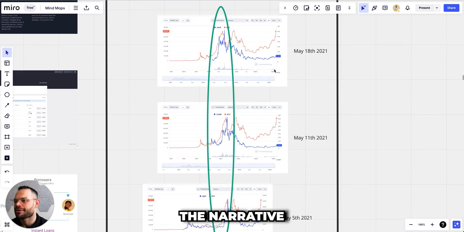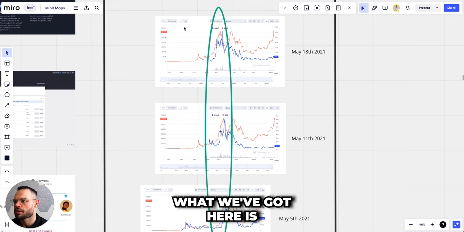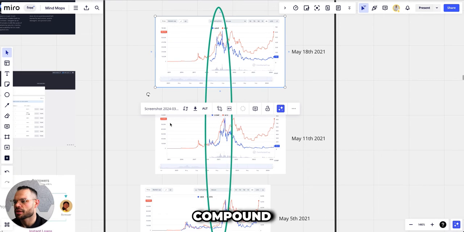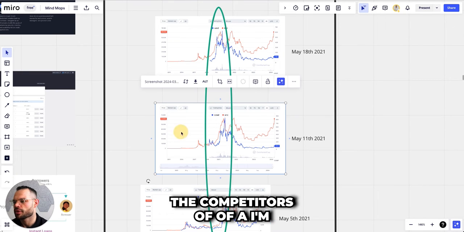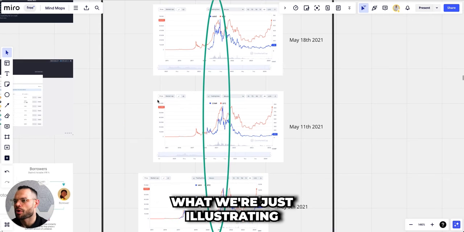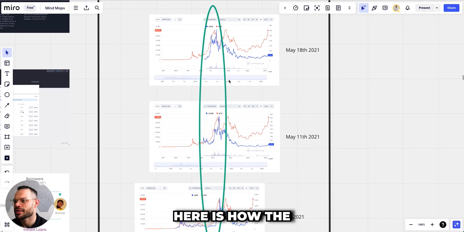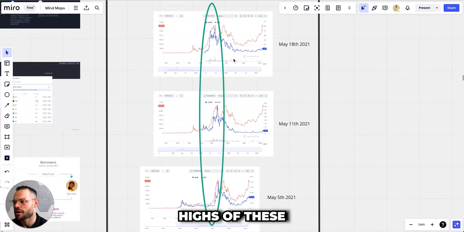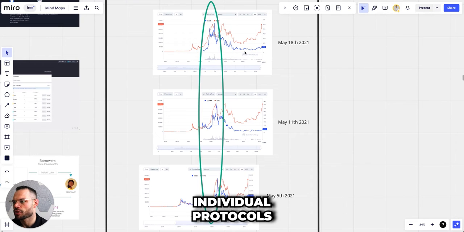When we break down the narrative of lending protocols, we've got Aave, we've got Compound, and we've got Maker, which are two of the competitors of Aave. And what we're just illustrating here is how the all-time highs of these individual protocols all pretty much synced up in the previous bull cycle. So we saw all-time highs for Aave last time around on May 18th, 2021.